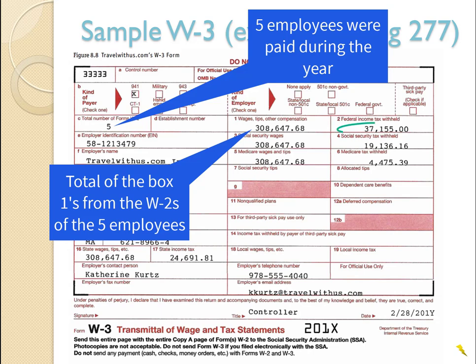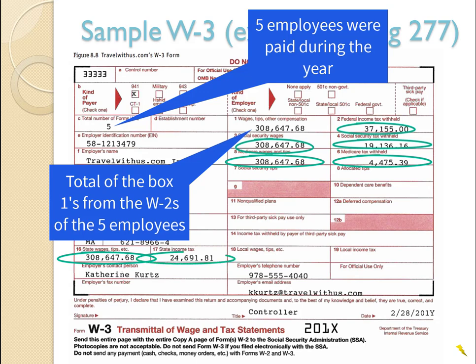Same with box 2, 3, 4, 5, 6, 16, and 17. Other than that, it's pretty much like the W-2. So just remember the W-3, you have one W-3 that totals all the boxes from the W-2s for that year.